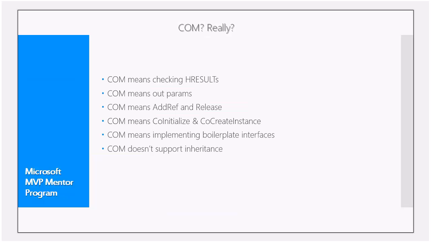A good example is Word. Most of the actions that you can do from the UI and the ribbons have a counterpart that you can easily do programmatically, and that's because of COM.